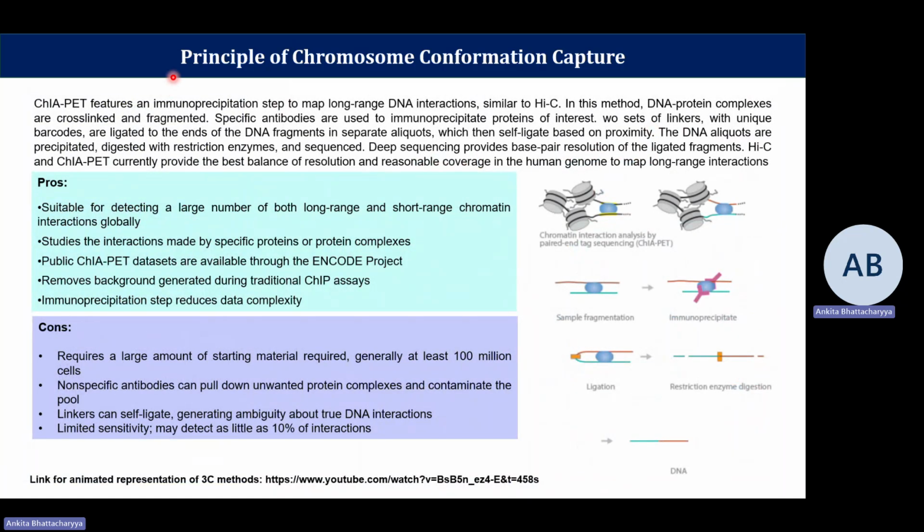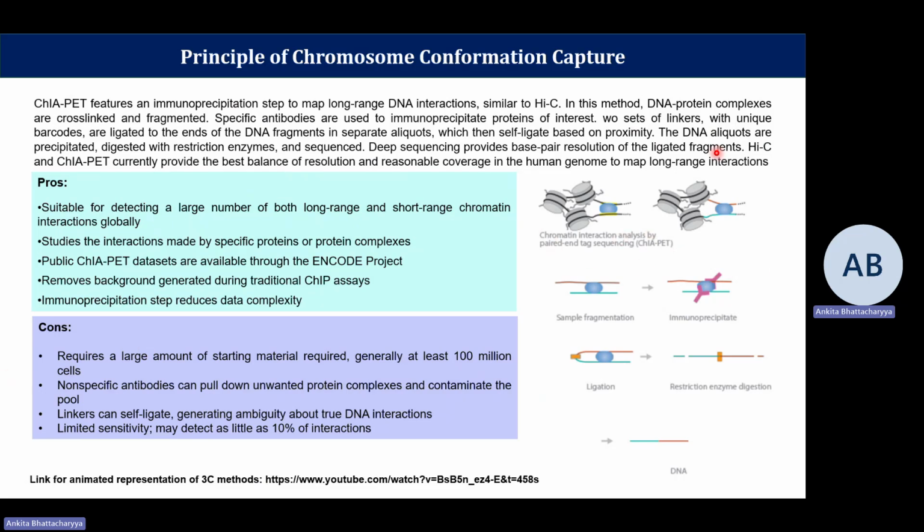So ChIA-PET, like I mentioned, features an immunoprecipitation step to map long-range DNA interactions similar to Hi-C. In this method, DNA protein complexes are cross-linked and fragmented. Specific antibodies are used. Also, before we proceed, ChIA-PET stands for chromatin interaction analysis by paired end tag sequencing.